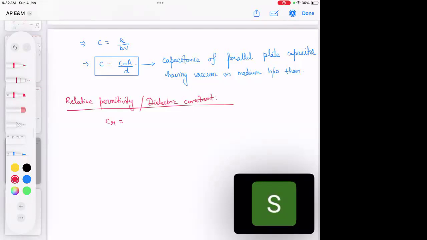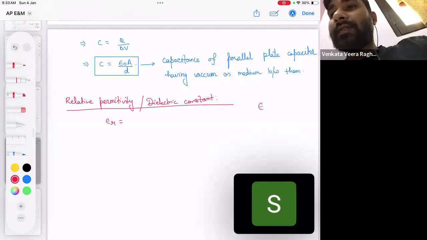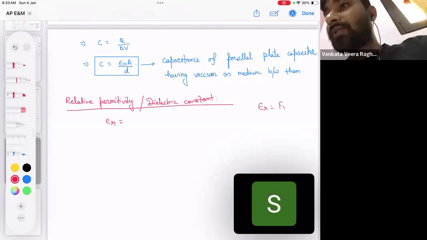Anyone? Yes, sir, epsilon naught into epsilon of medium. Do you remember? Relative permittivity was the net electrostatic force in vacuum by the force in the medium, right? That is Q1 Q2 by 4 pi epsilon naught R square, over Q1 Q2 by 4 pi epsilon of medium R square, isn't it?